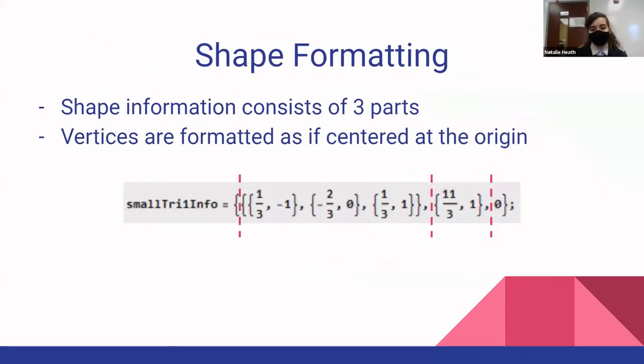In each of the shape lists for each puzzle, each piece in that shape list contains its own element called a shape info. And each shape info consists of 3 parts. The first part consists of the shape's vertices, and those vertices are formatted as if the origin were the center of the shape. The second part of the shape info is the shape's actual center, and the third part is the shape's angle of rotation.